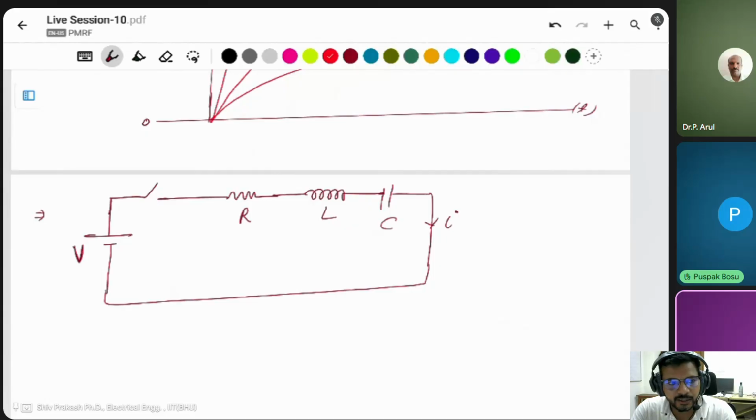But here the input voltage is DC. In a DC system, you know the inductor and capacitor will not work: the inductor will be short circuit, and the capacitor open circuit. But both are present in the circuit, which means the circuit is conditionally operating.